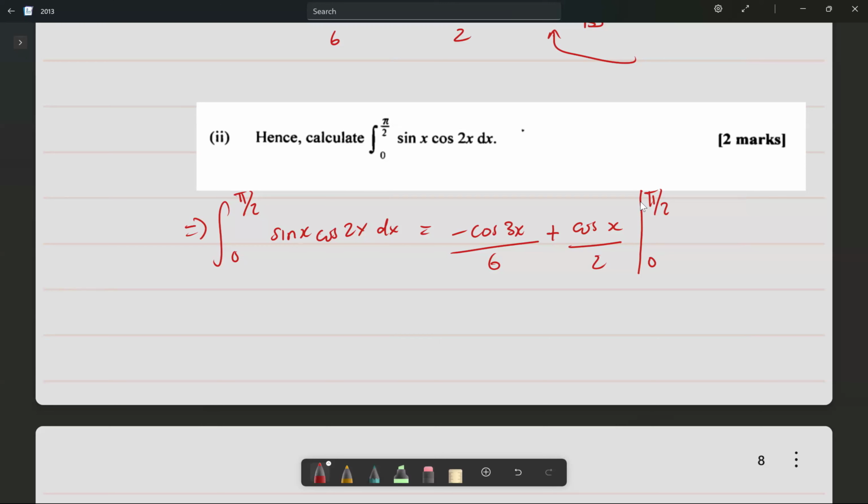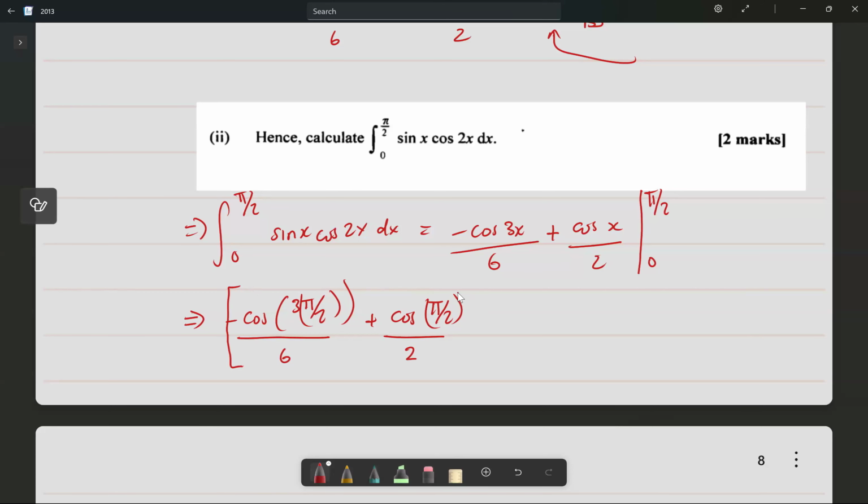First things first, we're going to have negative cosine 3 pi over 2 all upon 6 plus cosine pi over 2 all upon 2. That's the first section. Minus negative cosine 3 times 0 over 6 plus cosine 0 over 2.